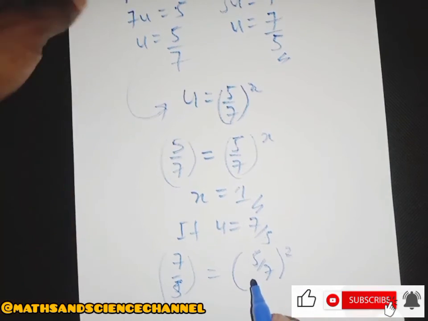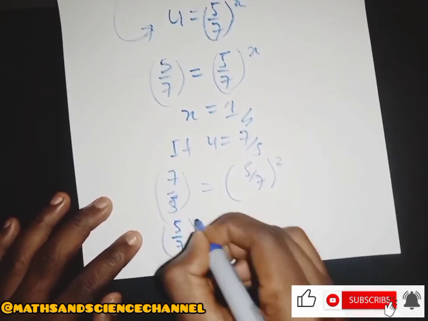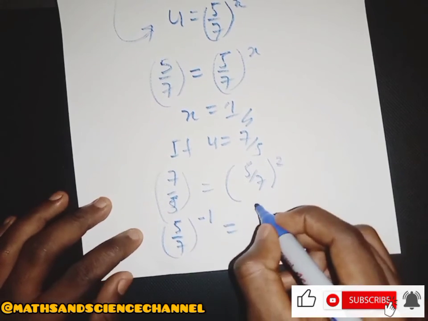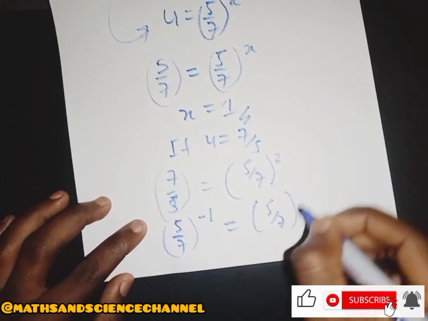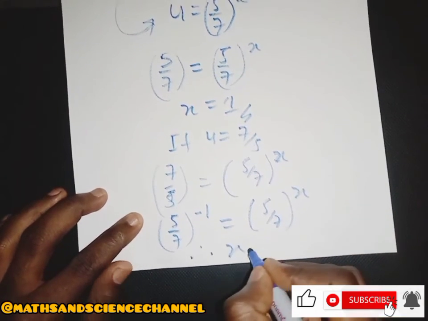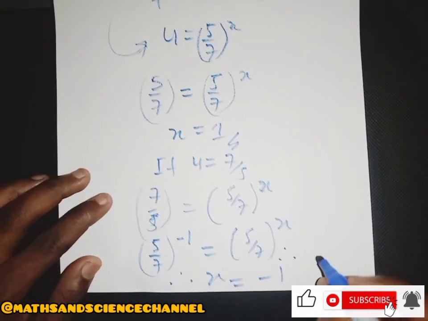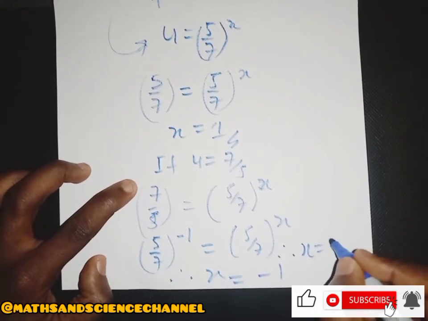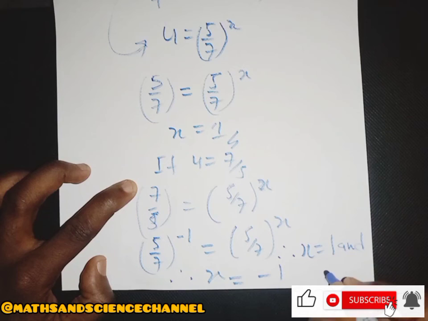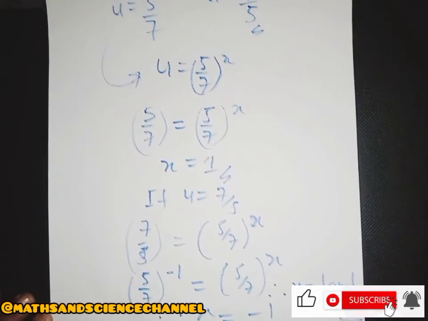To make the bases equal, I change the numerator and denominator, and it becomes 5 over 7 to the power negative 1. Remember it's to the power x, so therefore x is equal to negative 1. So we conclude that x is 1 and negative 1. Those are the values of x in this case.